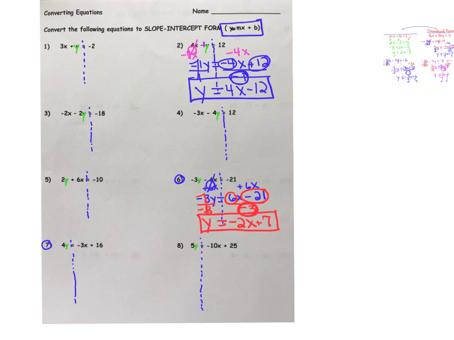So, to eliminate times 4, let's divide the left by 4 and the right by 4. We get y equals, well, negative 3 divided by 4 gives us negative 3/4 x, and then a positive 16 divided by 4, that's plus 4. Our equation is now in slope-intercept form.